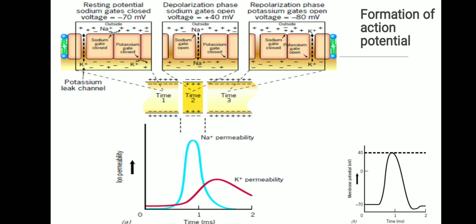There is only a few millivolt decrease in the membrane potential, and it will disappear soon. But it has been observed that if the membrane potential crosses a certain point, if it reaches up to minus 50 millivolts, then a series of events occur.